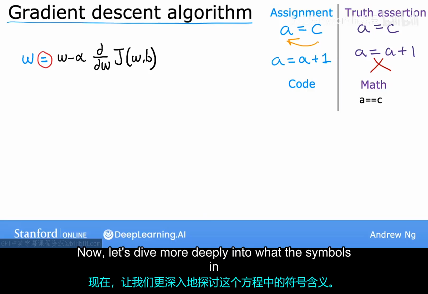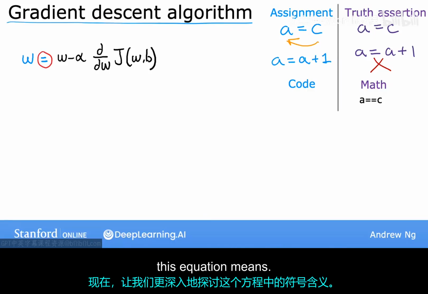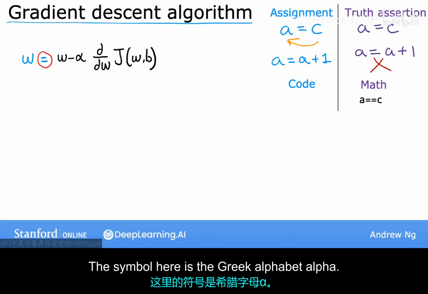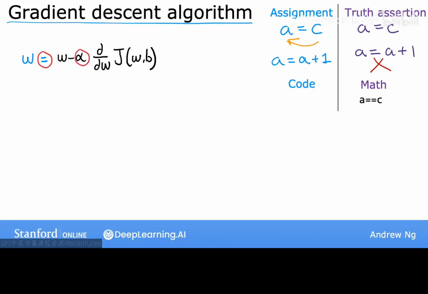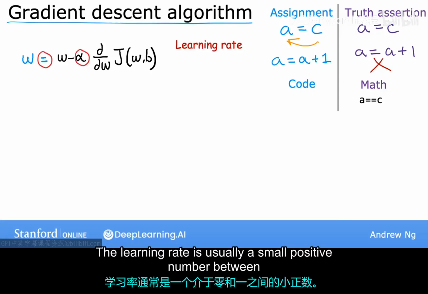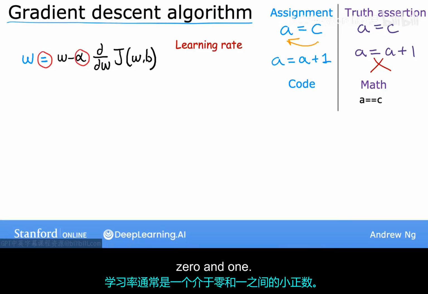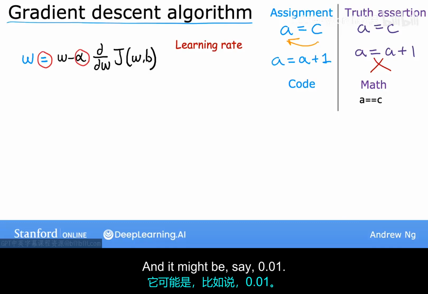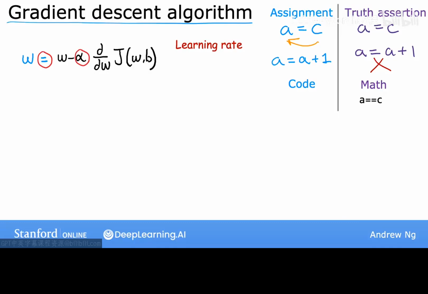Now, let's dive more deeply into what the symbols in this equation mean. The symbol here is the Greek alphabet alpha, and in this equation, alpha is also called the learning rate. The learning rate is usually a small positive number between 0 and 1, and it might be, say, 0.01.